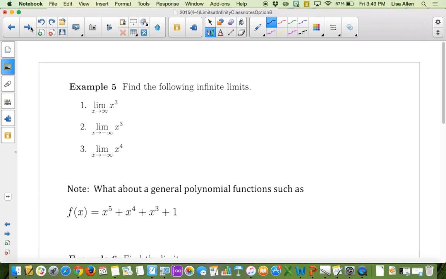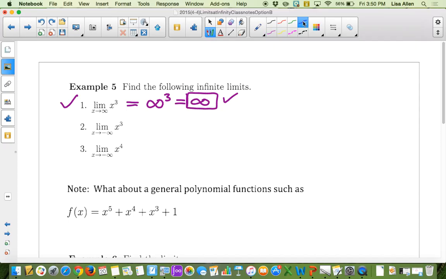Okay, so let's look at the limits of power functions. If we have the limit as x approaches infinity of x to the 3rd, then we really just plug away and we get infinity to the 3rd power, which is infinity, right? Okay, good to go.